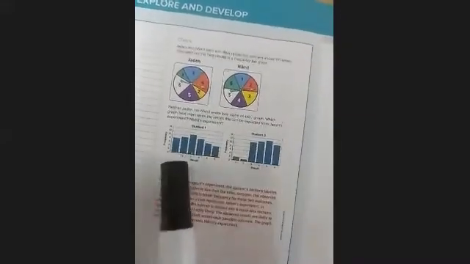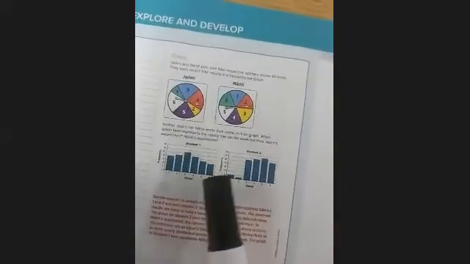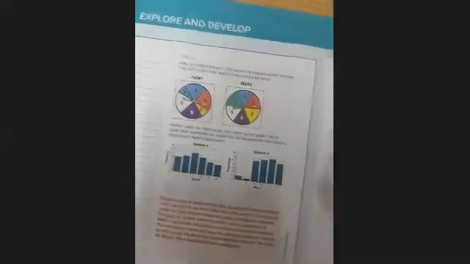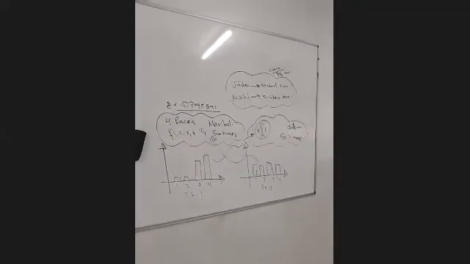Not equal. Are these equal? No. You spin 50 times, the 6 becomes 10, the 5 becomes 11. But by looking, student 2 should be Jaden more logically. It is not the exact answer. I'm talking about logic here, okay? Do you understand it?